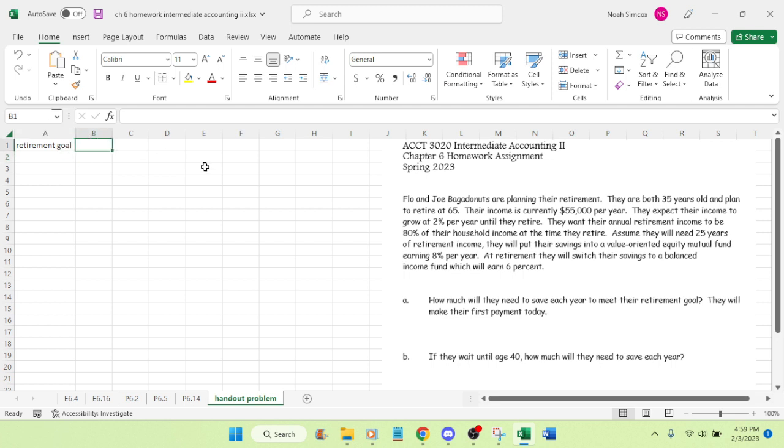Retirement goal is that payment of 80% of $55,000. They would like $44,000 a year in payment. And the number is going to be 25 years.